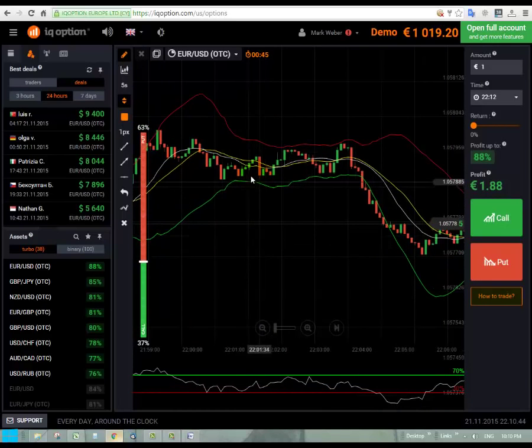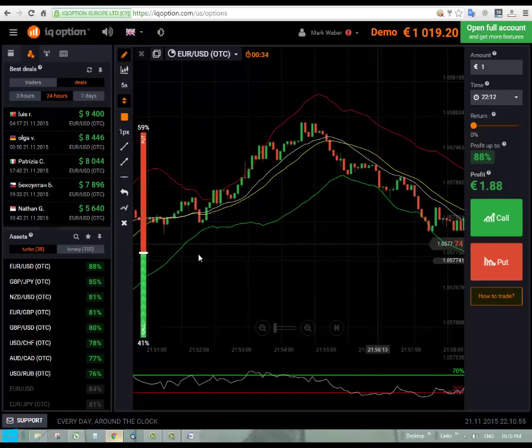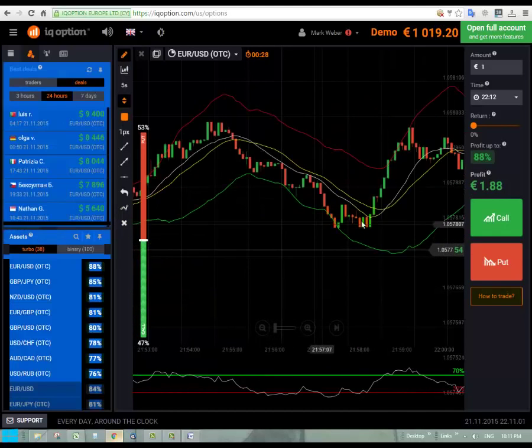Also, you can see it here. If the channel is narrow, then there will be a movement, a big movement. Also here it is a small change.